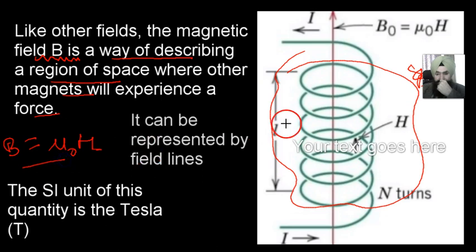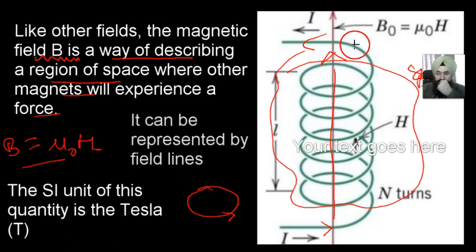Like, if this is a coil, and current is flowing from down to up, then by the right hand thumb rule the field will be along the axis like this.